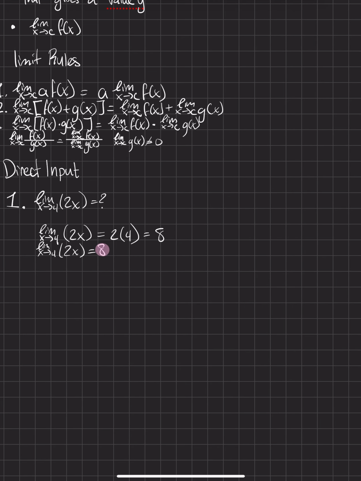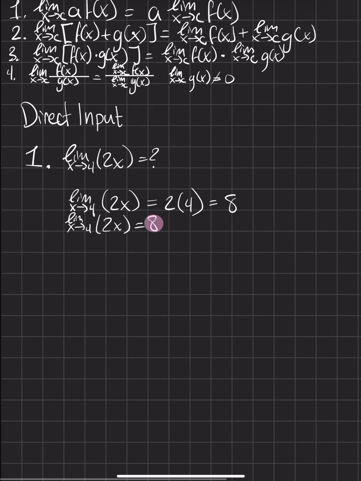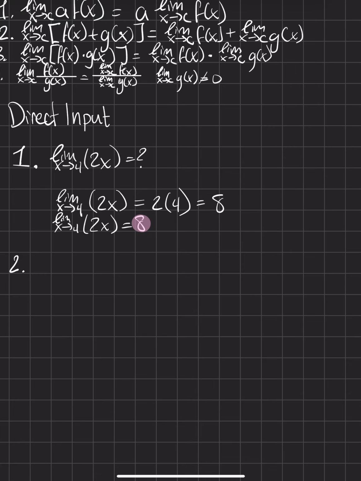So let's go over another one like that. Let's say the function we want to do is the limit as x approaches 4 of x squared over 2x plus 1, and we want to know the value of this.